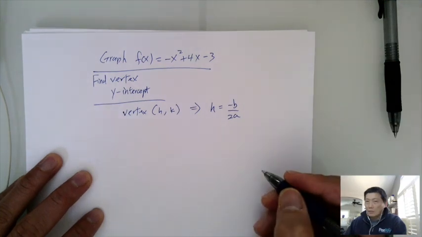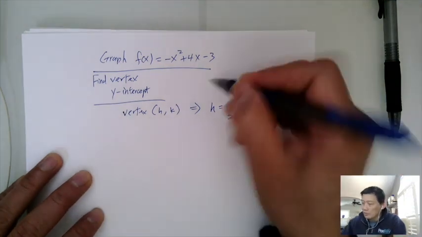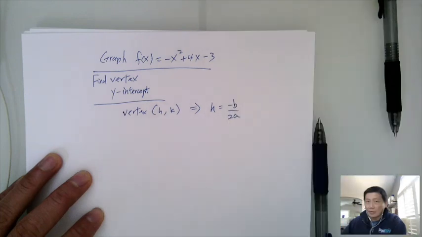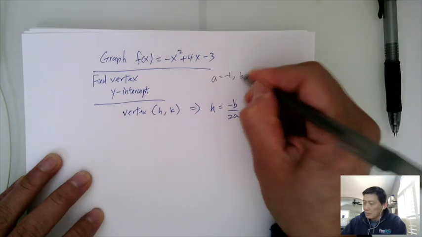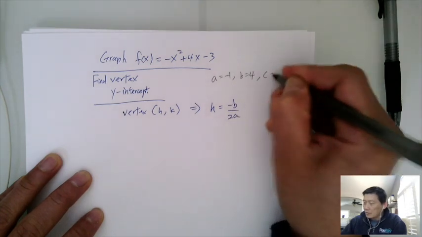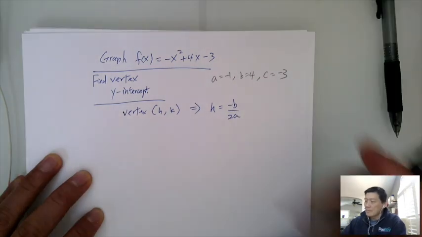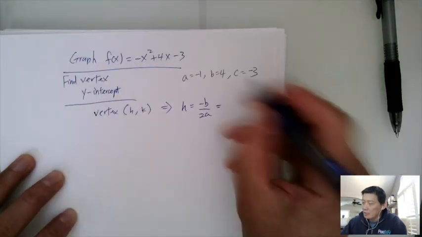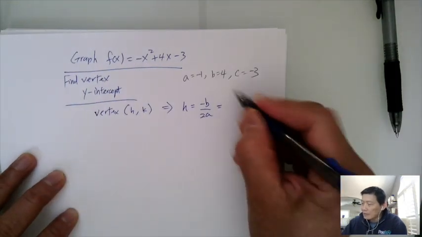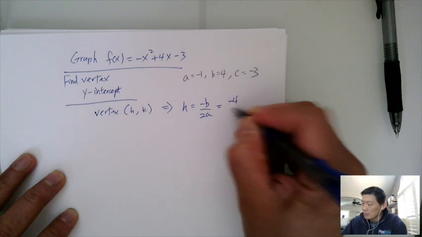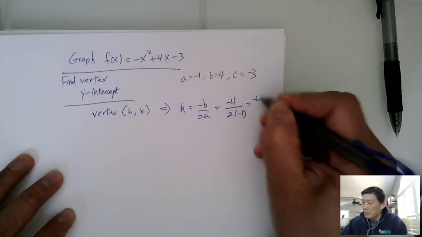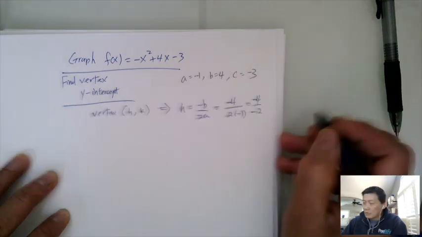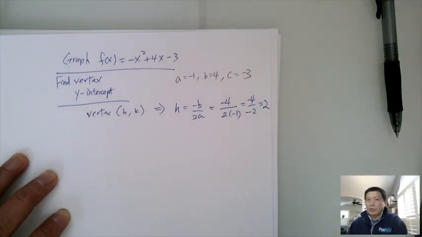In this case, a is equal to negative 1, b is equal to 4, c is equal to negative 3, so h is negative 4 over 2 times negative 1. We get negative 4 over negative 2. h is 2.